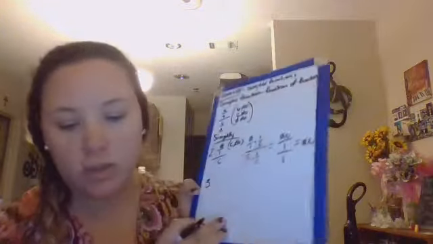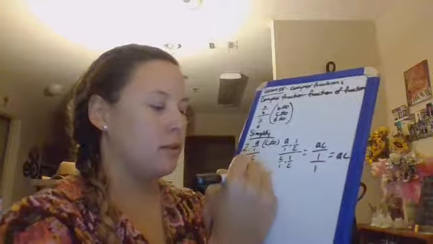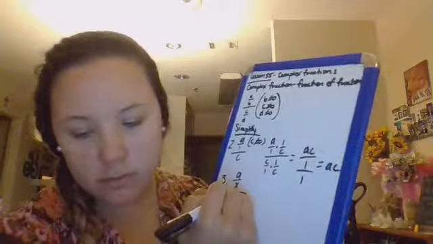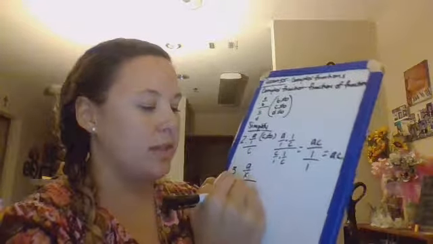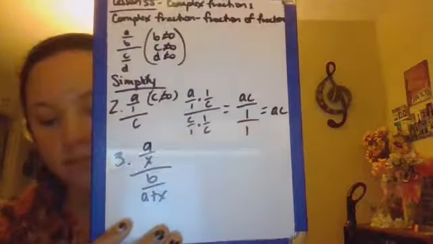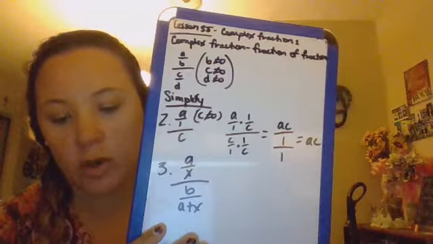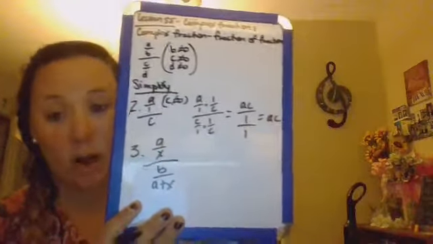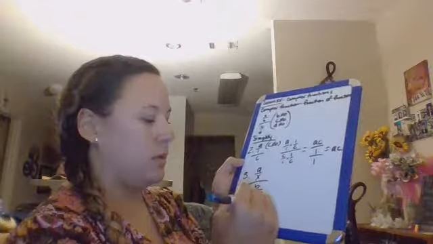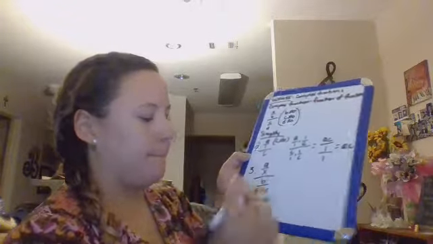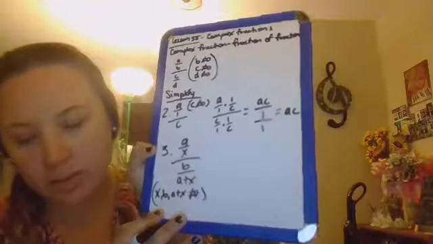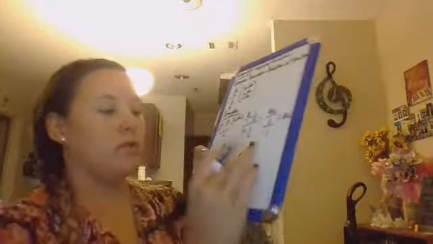And the next one, we're going to have A over X over B over A plus X. So A over X over B over A plus X, and X, B, and A plus X are not equal to 0. Sorry, so many letters. All right, so we're going to multiply it by the reciprocal.